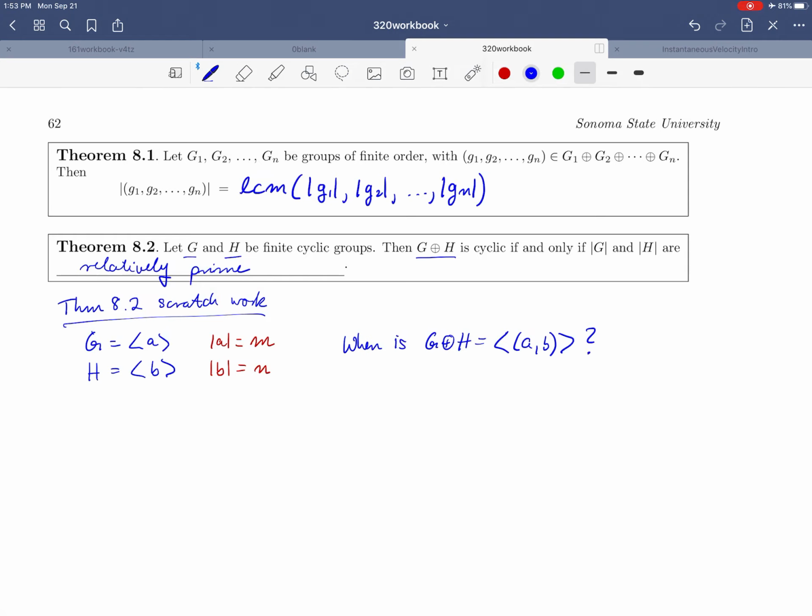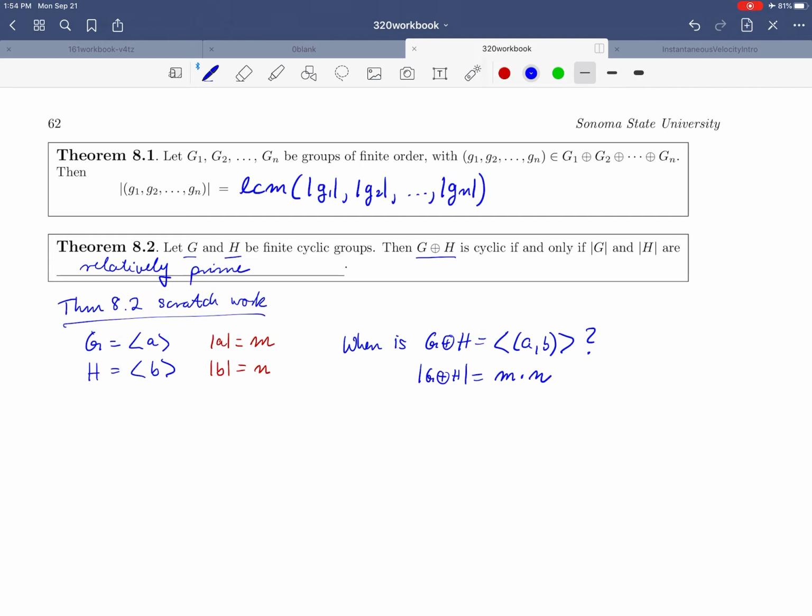And let's look at how many things are in this group. The order of G plus H is the number of things in G times the number of things in H, since we are forming ordered pairs. So this is M times N.